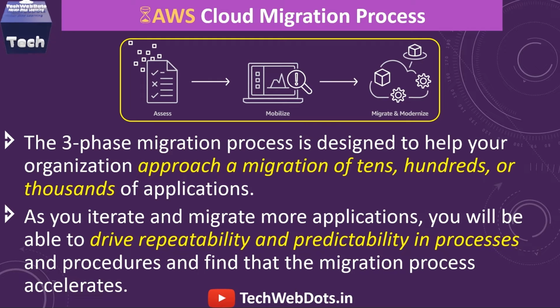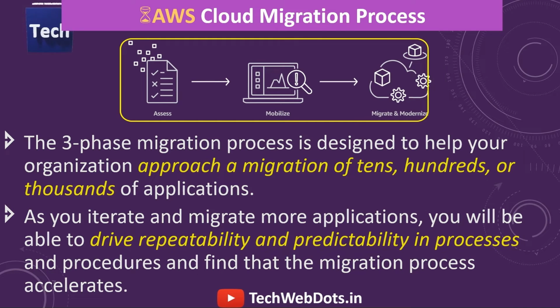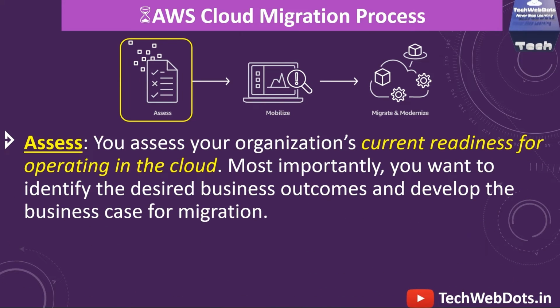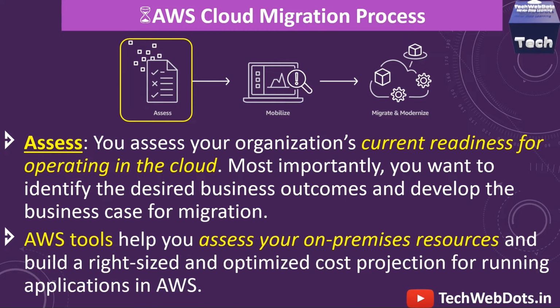So actually it contains the assess, mobilize, and migrate and modernize phases. So what is the expectation in the assess phase? You assess your organization's current readiness for operating in the cloud. And most importantly, you want to identify the desired business outcome and develop the business case for migration, right?